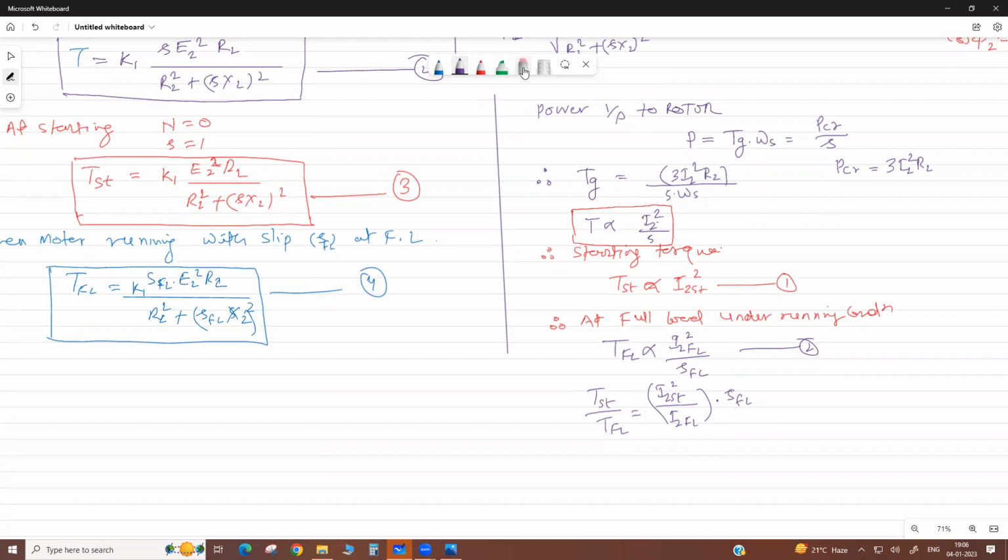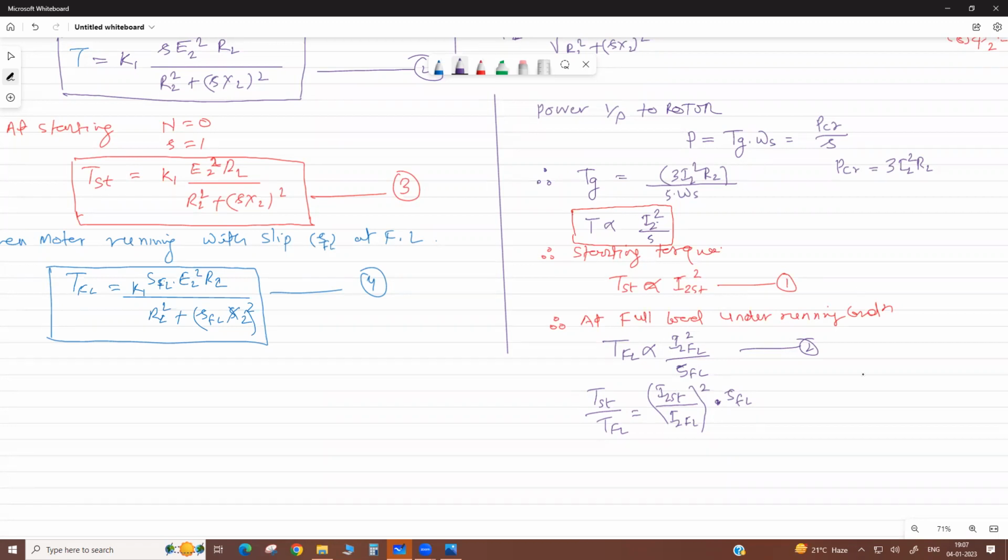Both are square, no? Here it comes square times of this, whole square into full load slip. So you know, my dear, this is what comes up.